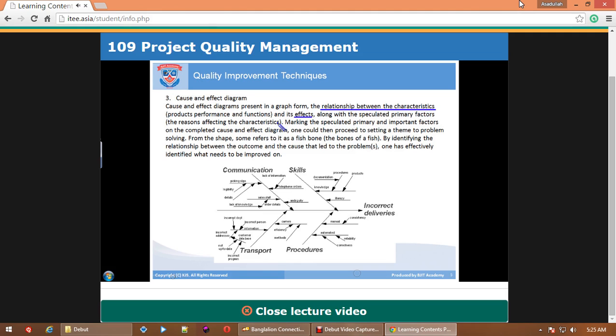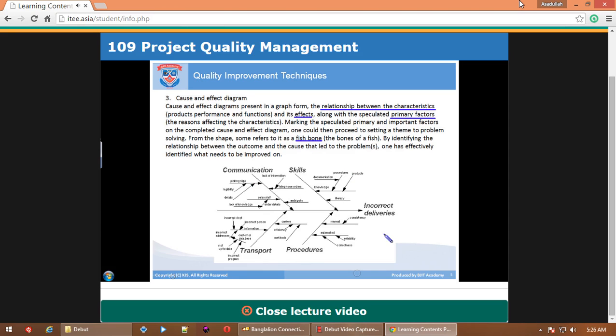And for each characteristic, there are some primary factors that can affect these characteristics. This kind of diagram looks like a fishbone structure, so sometimes this diagram is also called a fishbone diagram.